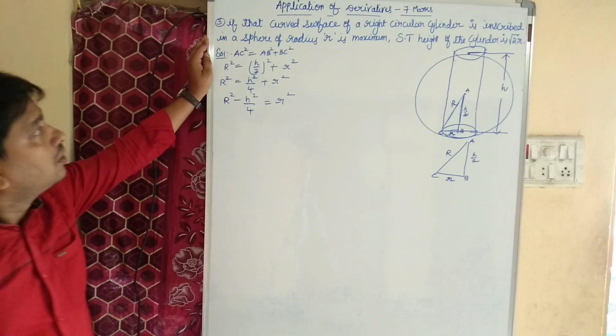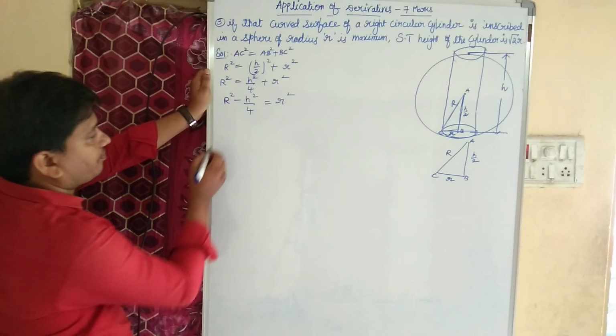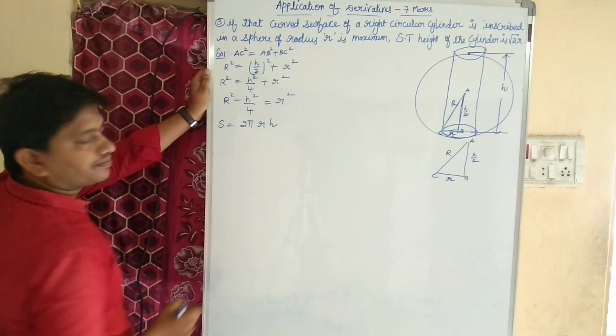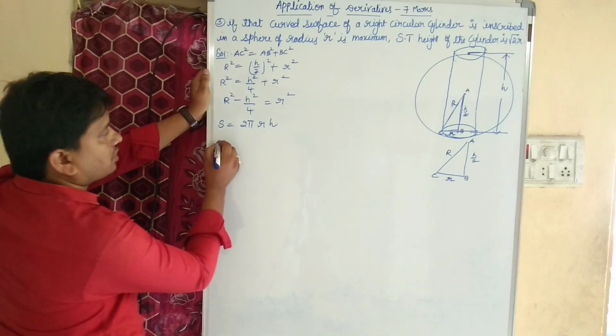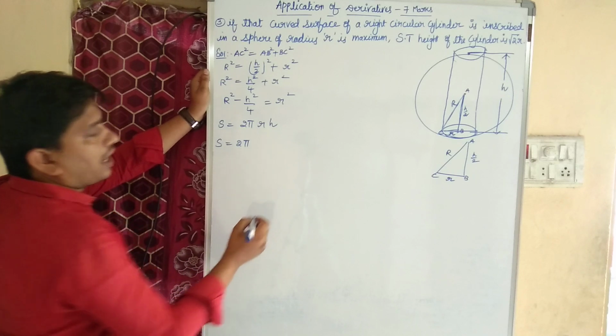Now, what is the curved surface area of the cylinder? The formula is 2 pi r h. So S equal to 2 into pi into r into h.